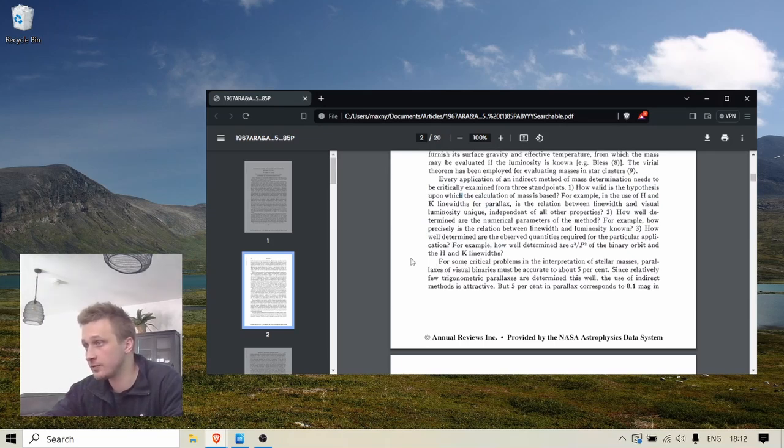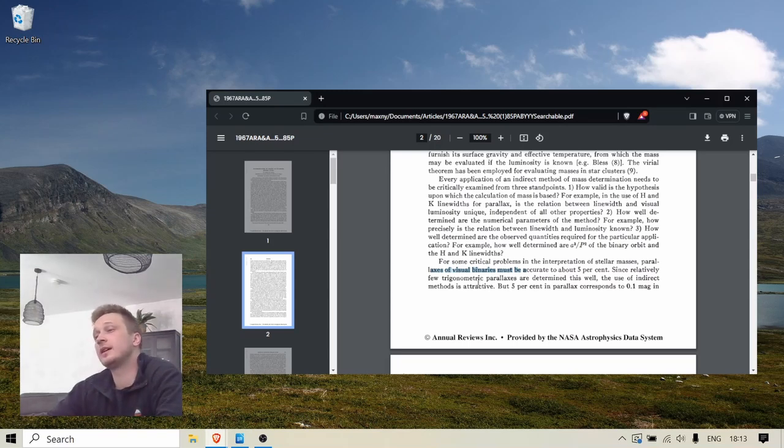For some critical problems in the interpretation of stellar masses, parallaxes of visual binaries must be accurate up to 5%. Since relatively few trigonometric parallaxes are determined as well, the use of indirect methods is attractive. Okay.